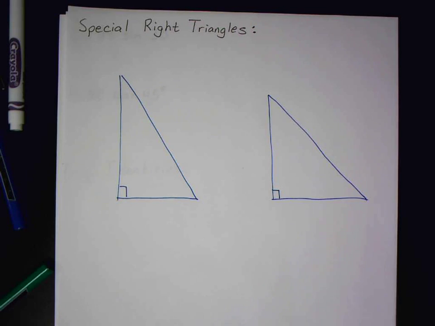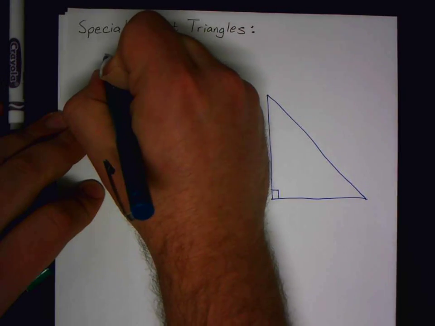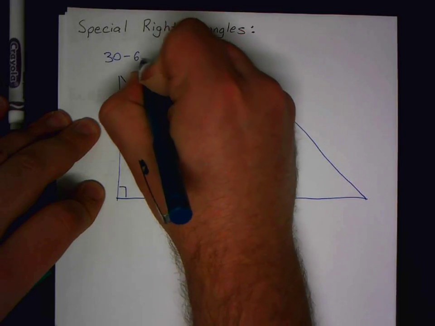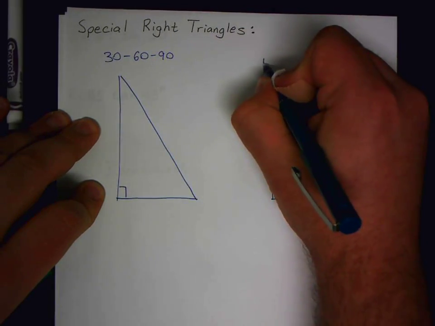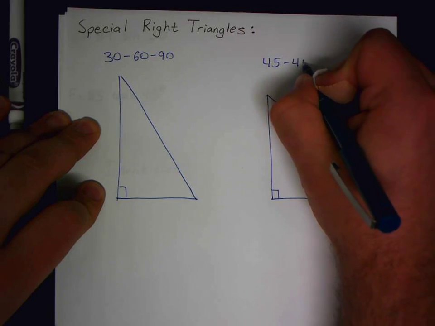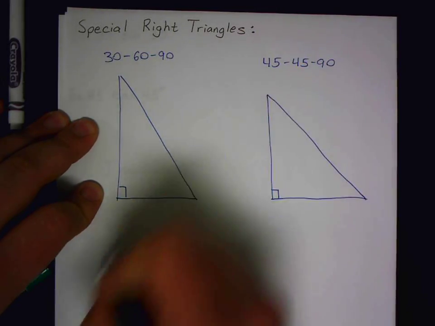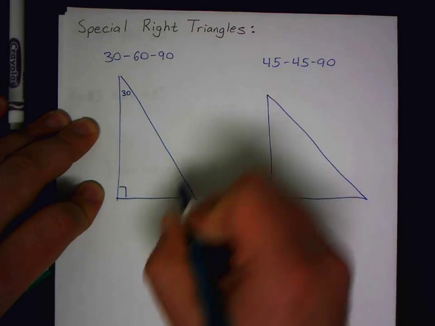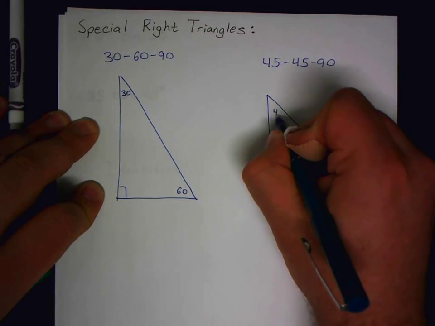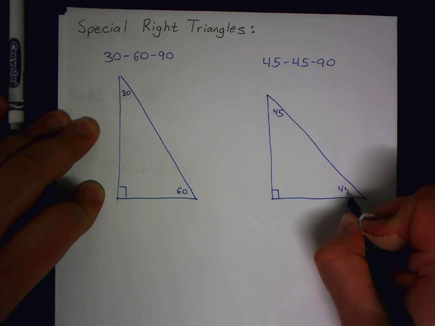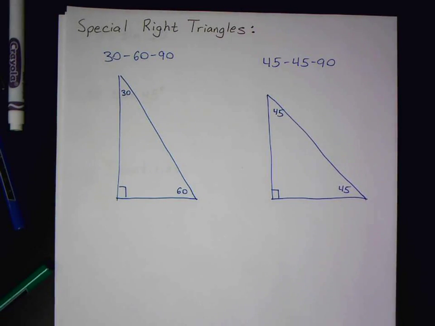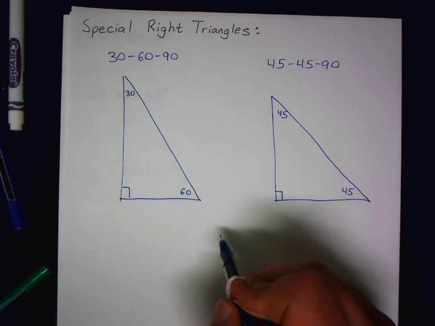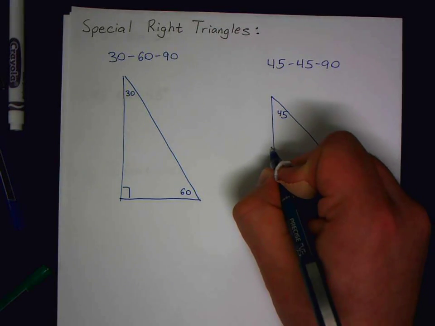Do you remember? 30, 60, 90, 45, 45, 90. Okay, let's do 45, 45 first. That one's the easy one. If you have two angles that are equal, that means the sides opposite them are equal, right? So that means these two sides have to be equal.